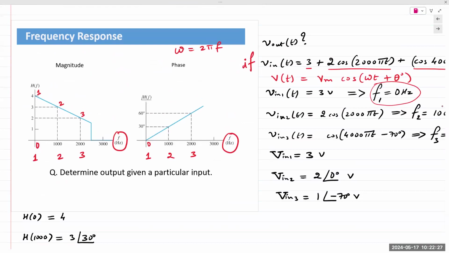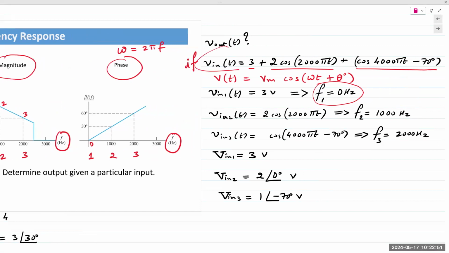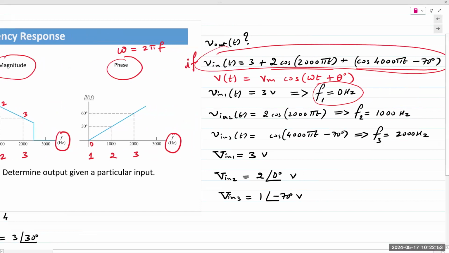We are given the transfer function. The transfer function of a circuit is being described graphically in two charts. On the left, we have magnitude. On the right, we have phase. X-axis is frequency in hertz, meaning it's given as a function of frequency f. We are asked to find the output V out of t if a given input V in of t comprised of this expression.